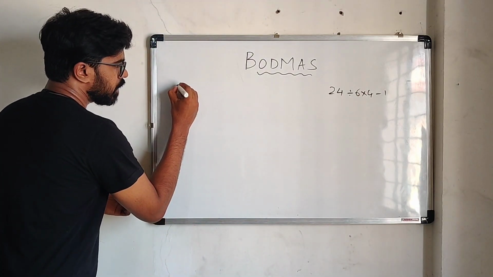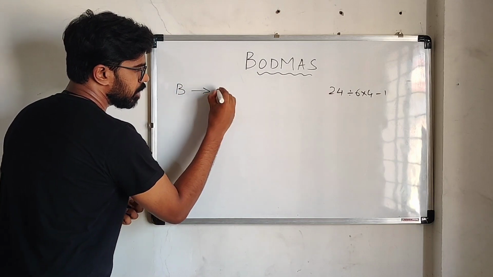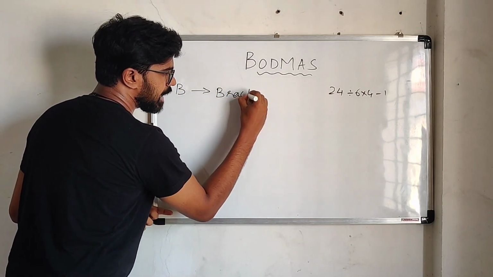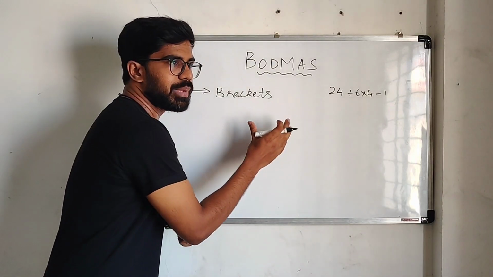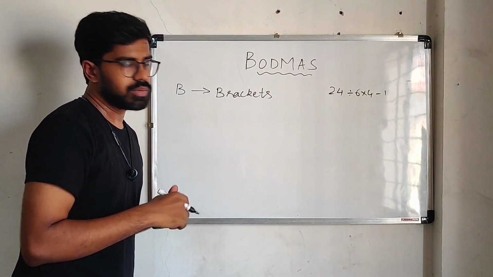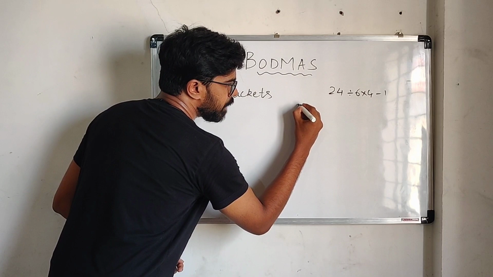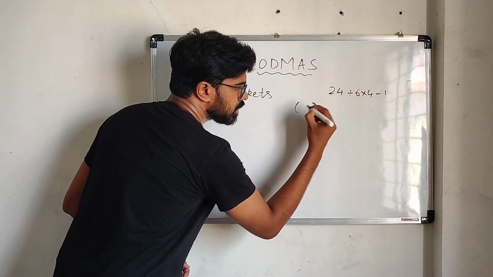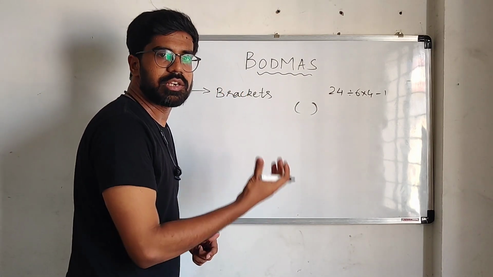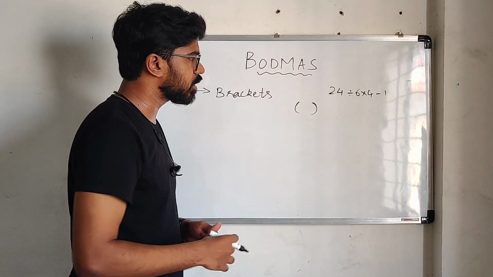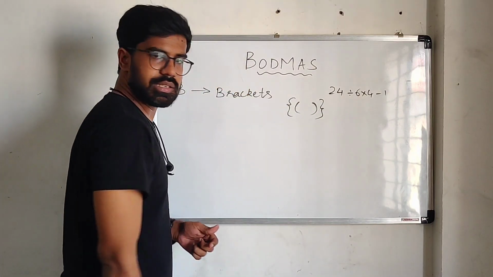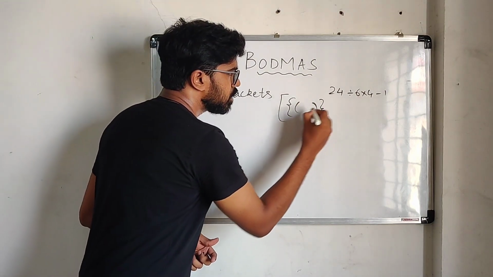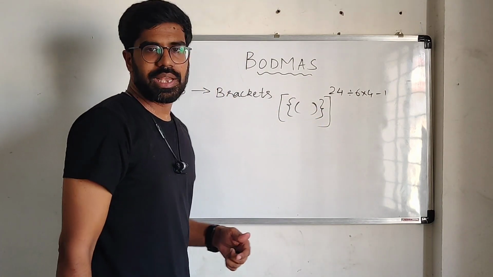So first one is B. Like I said already, B stands for brackets. So how many brackets do you know? Now there are 3 brackets. The first one is called the common bracket or round bracket. The next one is curly brackets, and the next one we have is square brackets.